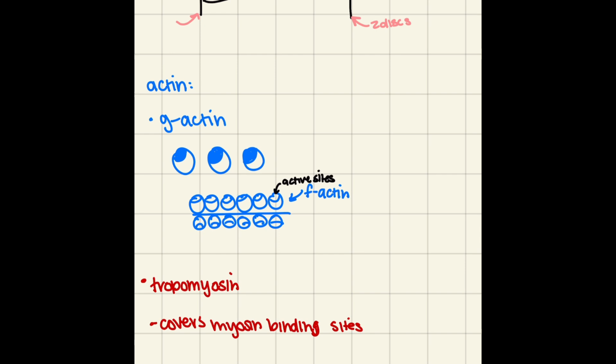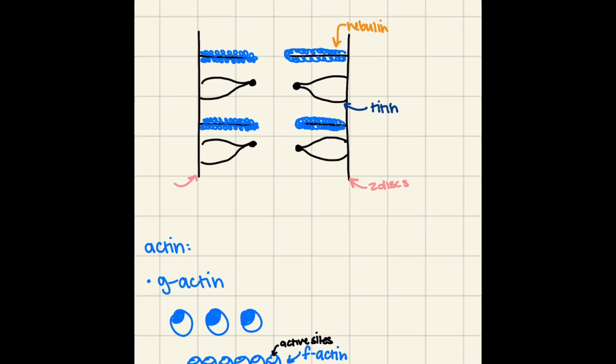But for the sake of my drawing, I'm just going to draw here some tropomyosin. So tropomyosin is going to cover up the myosin binding sites on the F-actin. Just like that. And really, it should probably not have any spaces in it.